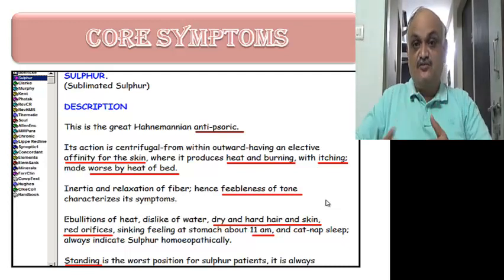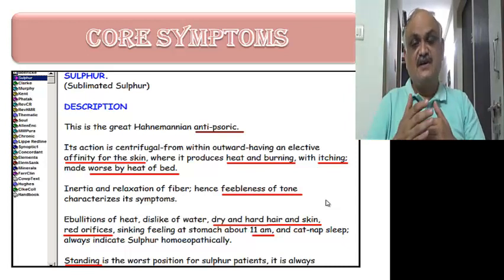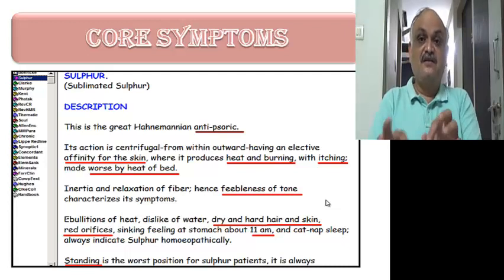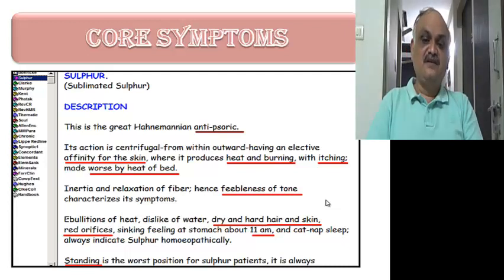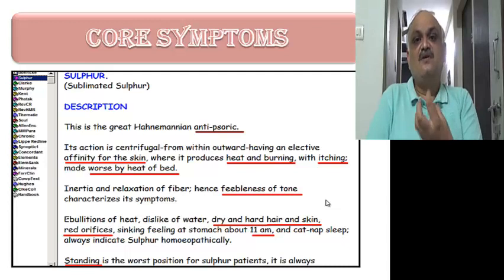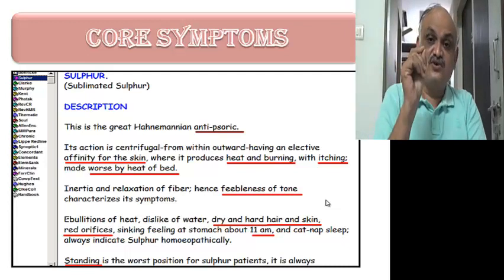Some symptoms in the eye chapter, ears chapter, nose chapter, this is not going to help, because you can refer to them or look them up in the repertory. But some peculiar, important expressions you have to understand about each medicine, and you have to remember them.